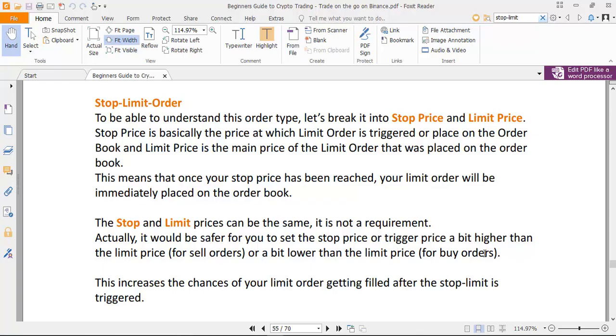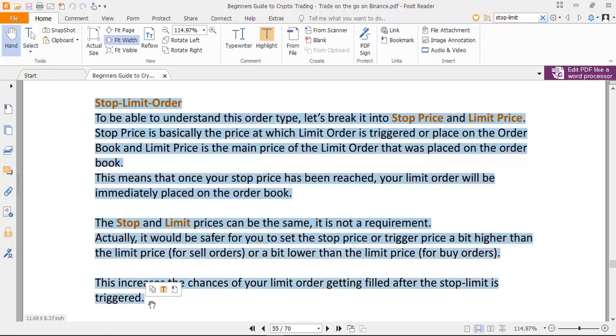I will definitely explain this. This increases the chances of your limit order getting filled after the stop limit is triggered. Okay, from here to down here, I hope you have understood this.